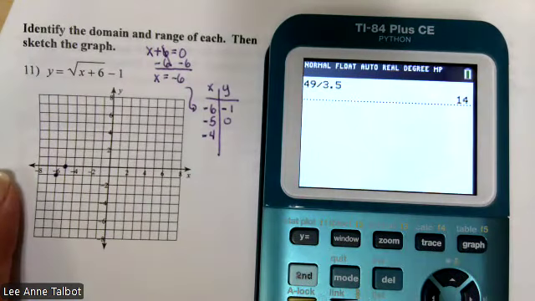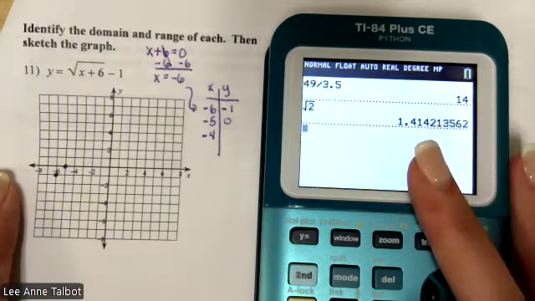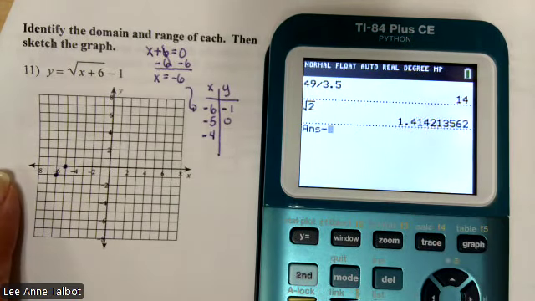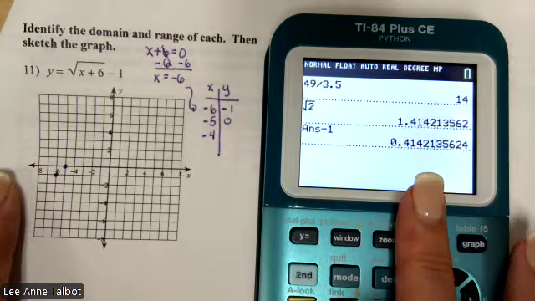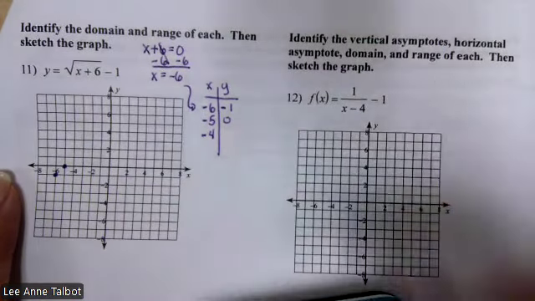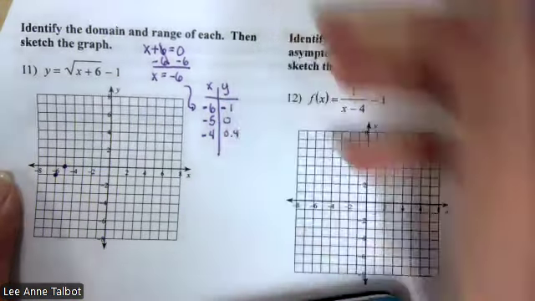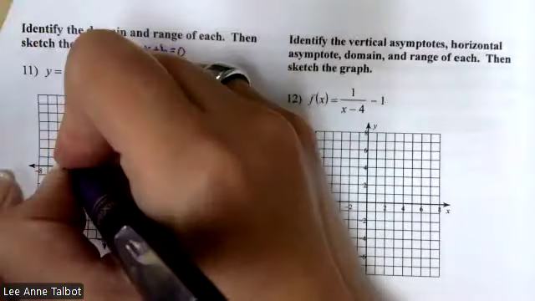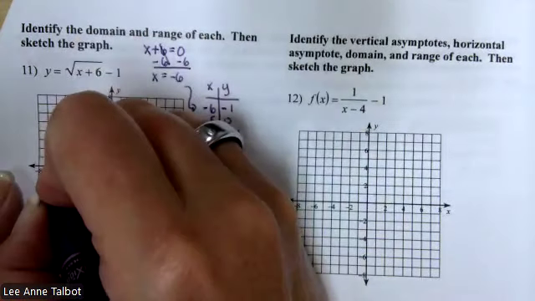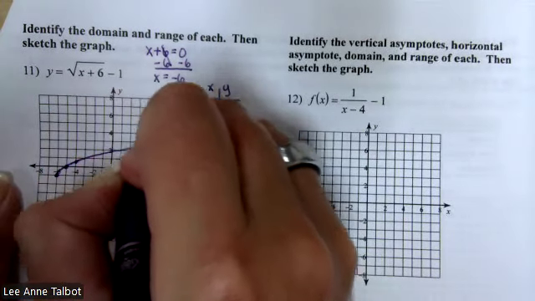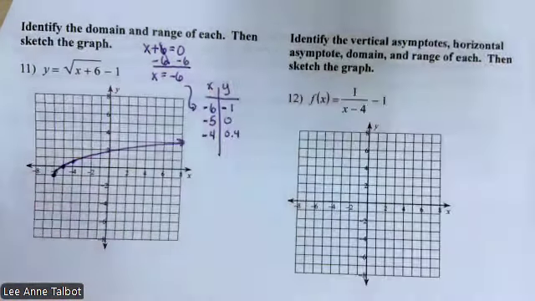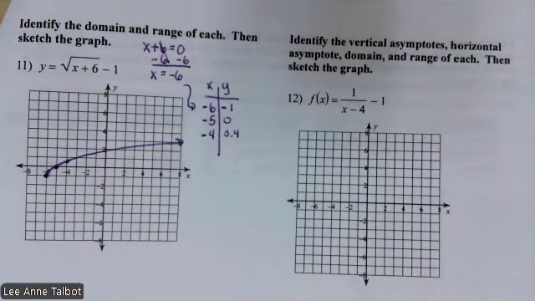Okay, square root of 2, 1.4, minus 1, 0.4. Get the idea?